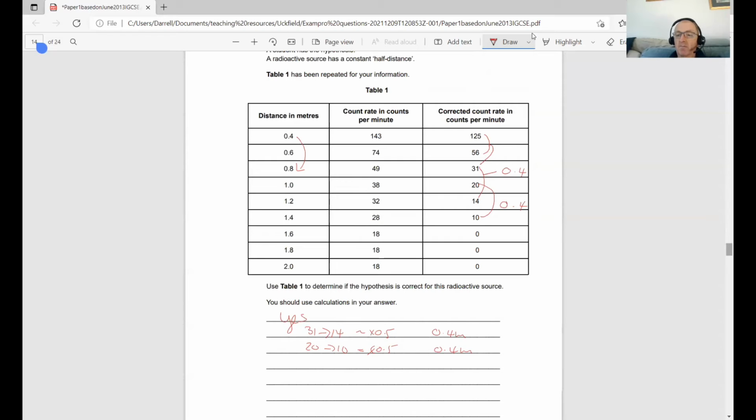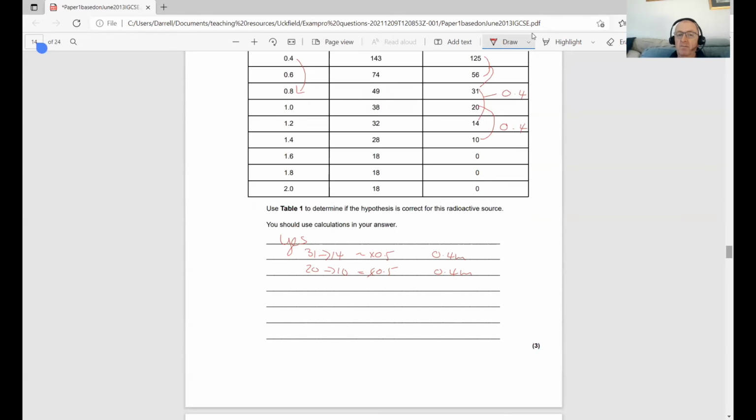But 125 to 31 is approximately 2 half distances, but it's actually 0.4.